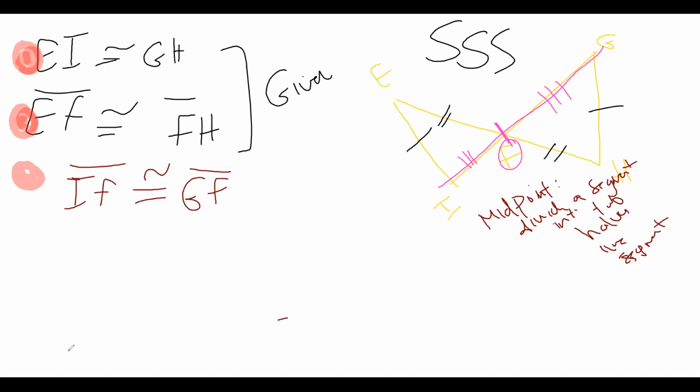As I told you, if you have 10 centimeters as an example and F is a midpoint, it cuts the line into 2 halves, so here it will be 5 and here it will be 5. So this midpoint makes them equal. Here also the same: point F makes IF congruent to GF.